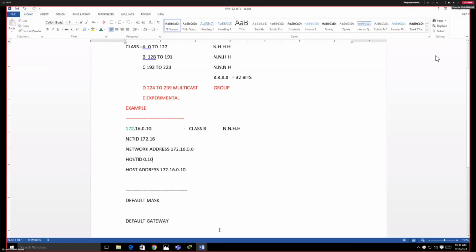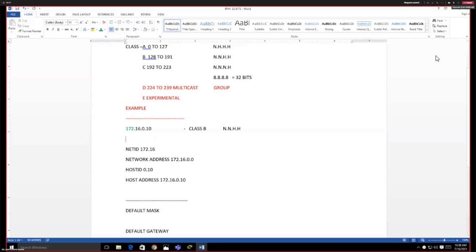But if you consider the IP address 172.16.0.10, it belongs to class B, and it follows the notation network.network.host.host.